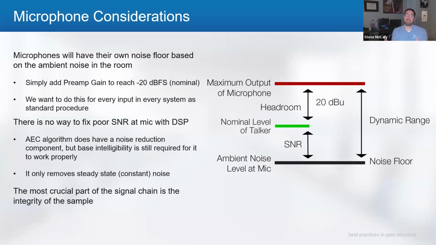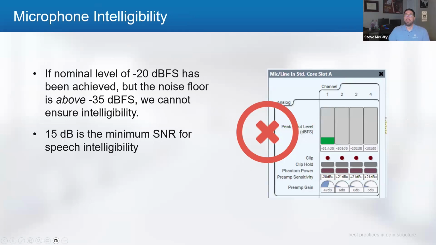So when you are setting up a microphone, you want to adjust your preamp gain until you get to your -20 DBFS, just like we did with our line level signals. And then you will be able to work with your signal to noise ratio.